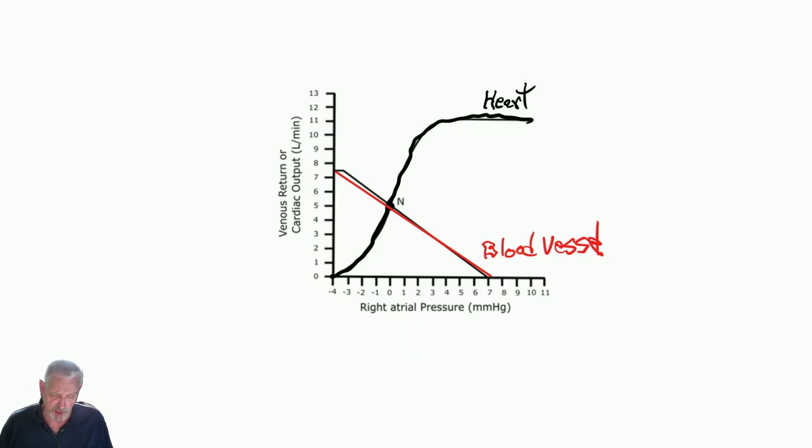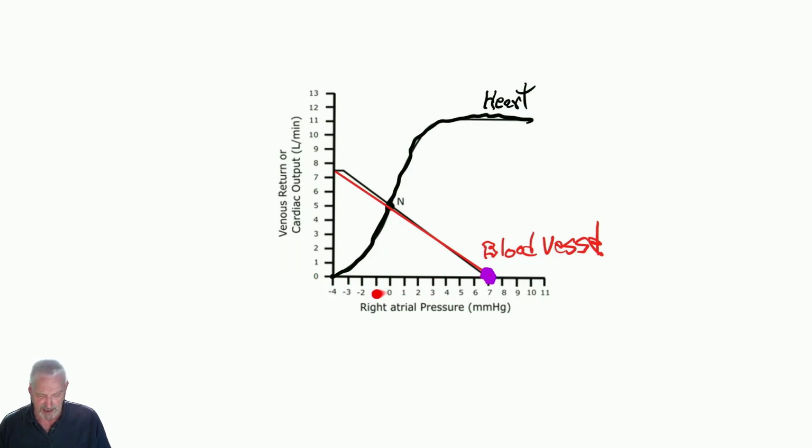There are some other points that we want to recognize on this curve, and one of them that I want to point out right to start with is this point right here where the venous return curve hits the axes. And what we notice about that is that this is the point at which the cardiac output is zero.